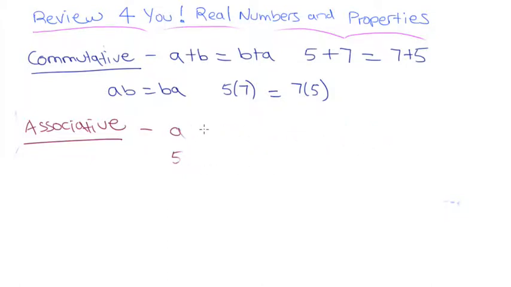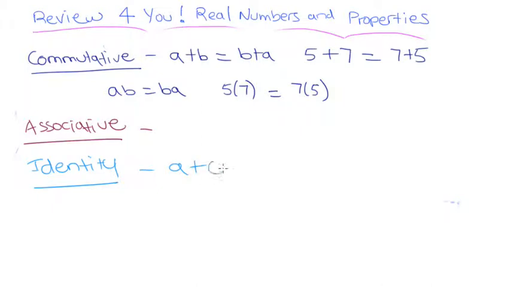The next property we're going to be talking about is the identity property. Let me get a different color. Identity. The identity property says that when you add a number with the additive identity, you will get that number.